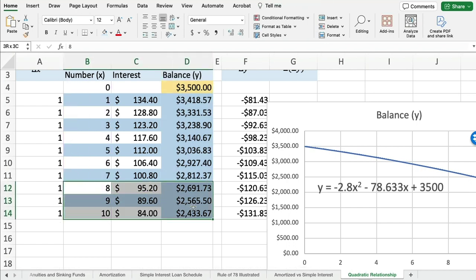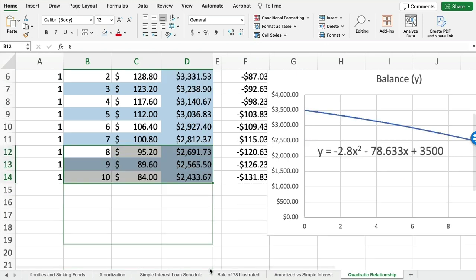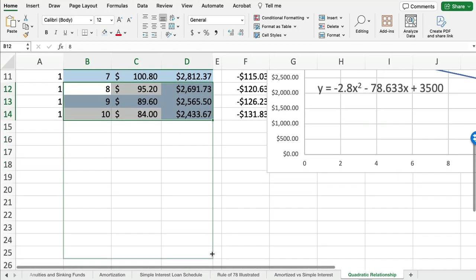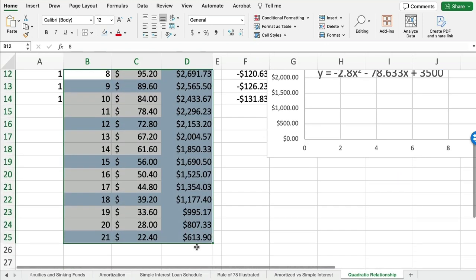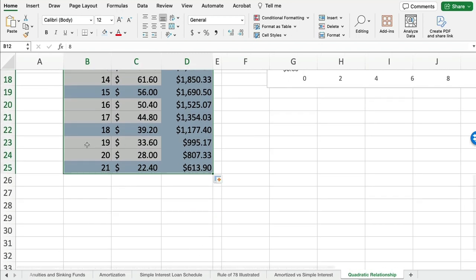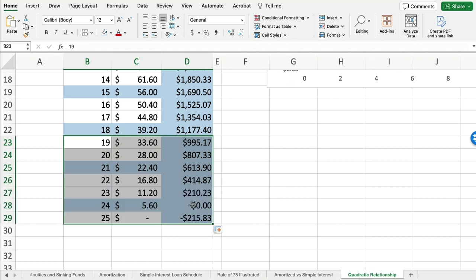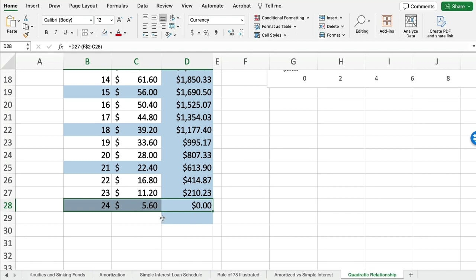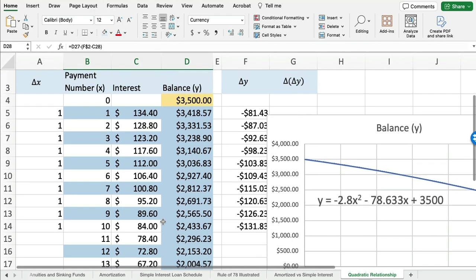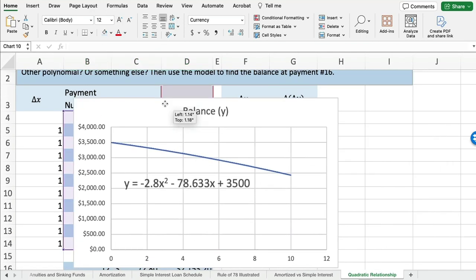So that whole block of numbers I could highlight, and Excel will continue to use whatever pattern has been established to keep going. And you'll notice the balance is still not zero, right? So I have to keep going. There we go. So once you get to that zero, looks like that's how long it would take to pay off this loan, is 24 months. Anyway, I was just curious about that. But we've answered the question.